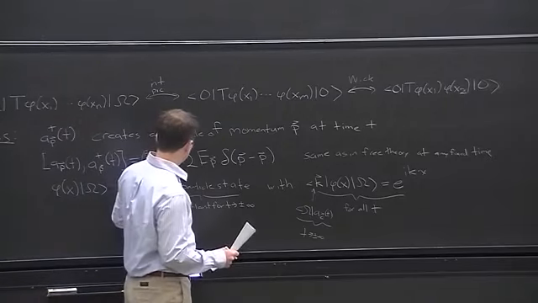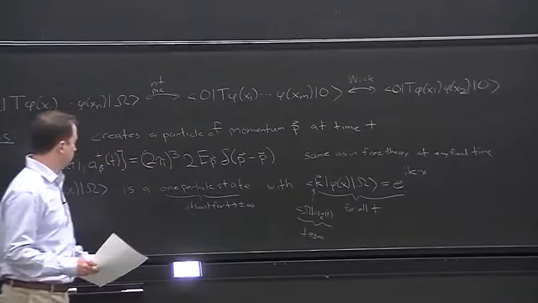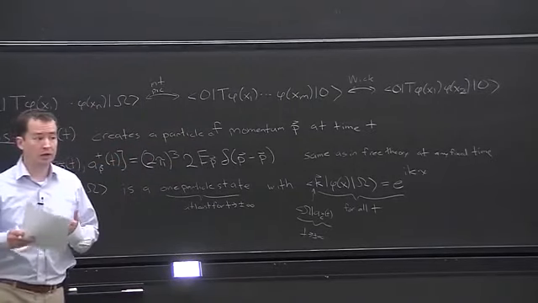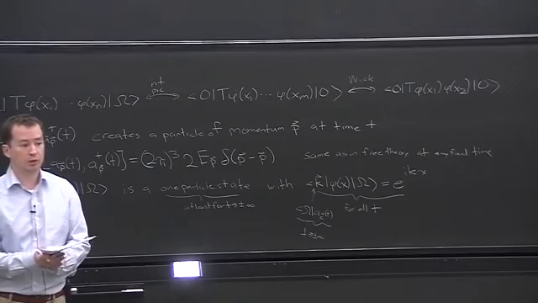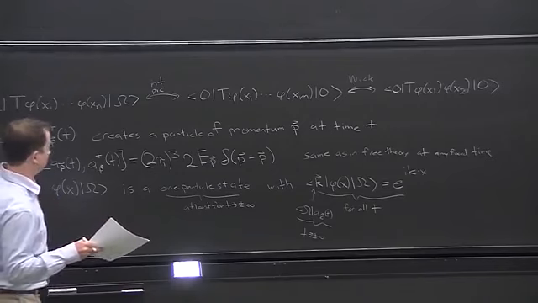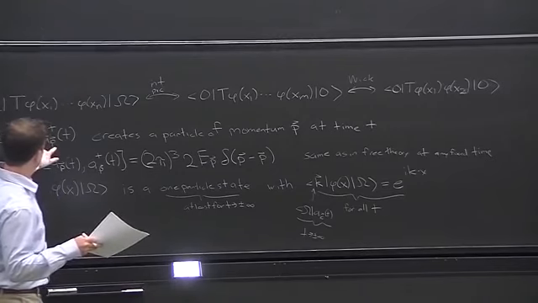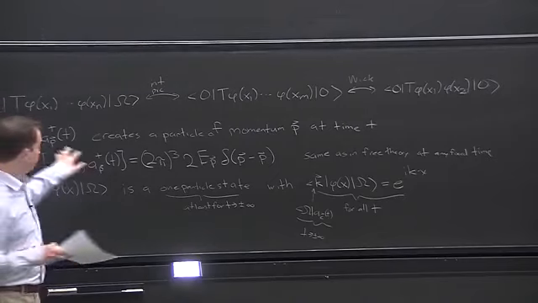So what I mean here is that at any fixed time, we can define a number operator that's basically just the same as the number operator in the free theory, if we just replace the free creation and annihilation operators with these time-dependent operators.